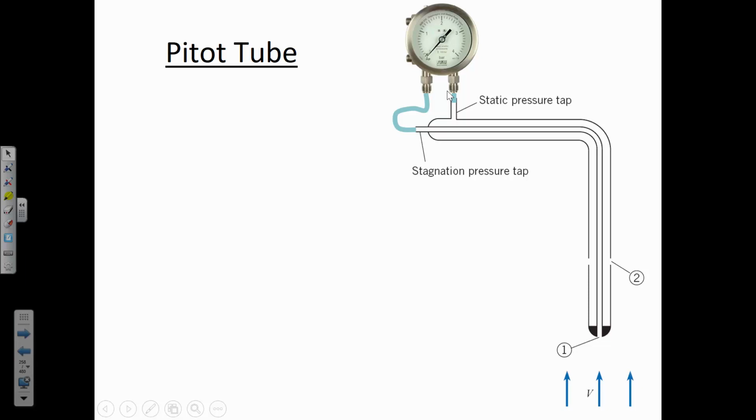The reason I say that is it's easier if 1 and 2 are at the same elevation, just for our first look at what the Pitot tube is doing. So you'll notice again that we have some fluid that is moving in a certain direction towards this Pitot tube.